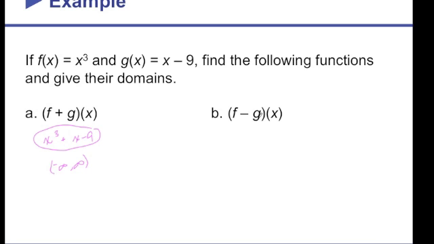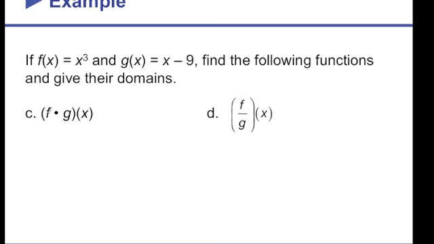For f minus g of x, we'll take f of x and subtract, and make sure you put in parentheses g of x, because when we remove our parentheses, it makes it a negative x and a positive 9. So this becomes my answer. The domain, again, is all real numbers.